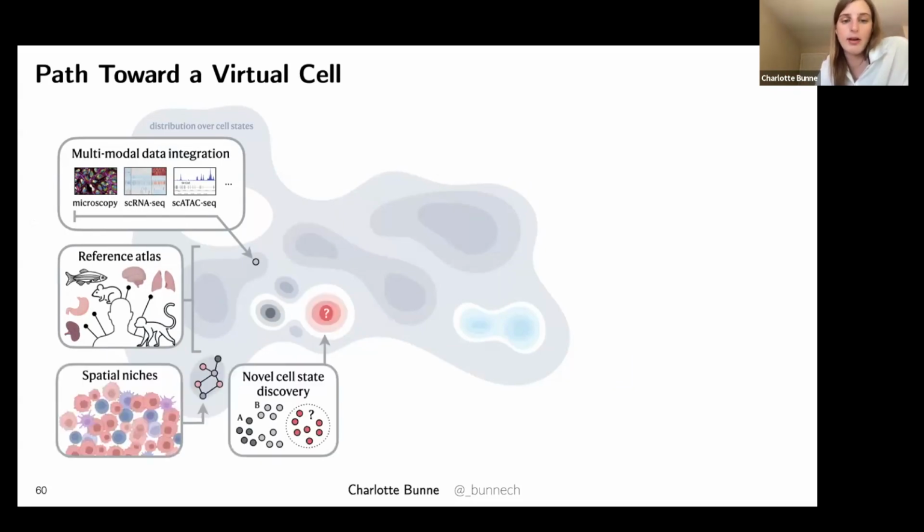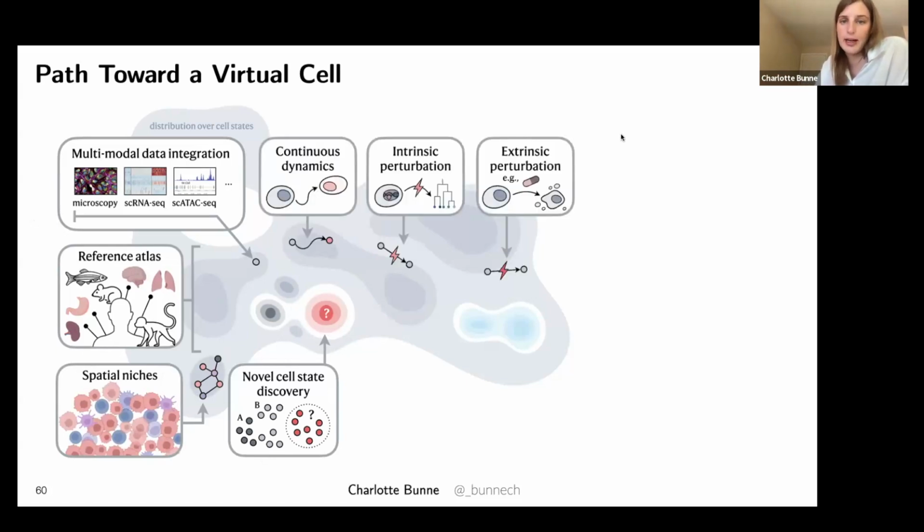This allows me to potentially discover novel cell states, like states of cells that are very unique to a particular treatment and interesting to study further in downstream analysis. But also, as we've seen in this talk, to study how continuous time changes affect cellular states, either naturally occurring or in response to intrinsic as well as extrinsic perturbations.